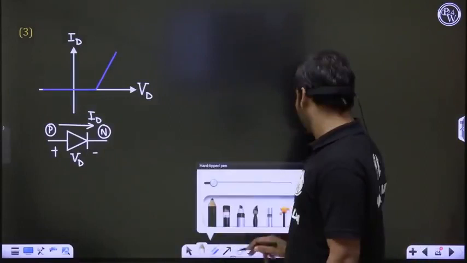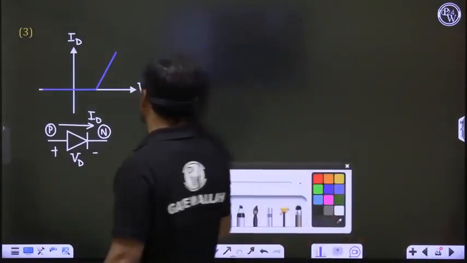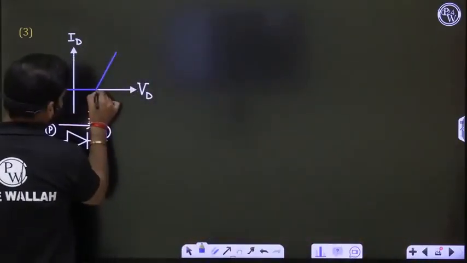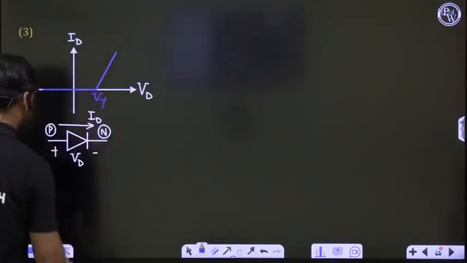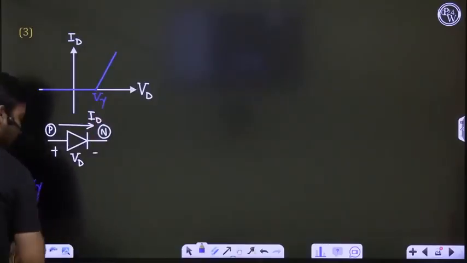Now in this case, suppose this is given, and here this is known as again V gamma, where V gamma means cut in voltage.